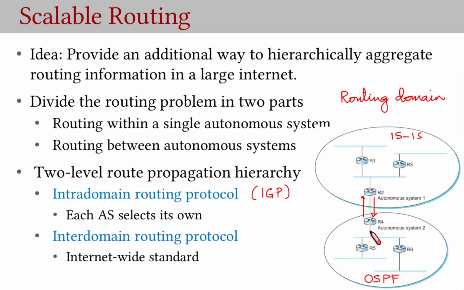And these routers then disseminate the routes that they learned about the other autonomous system within their own autonomous systems. And for this to work, we have to have an interdomain routing protocol, which is an internet-wide standard.